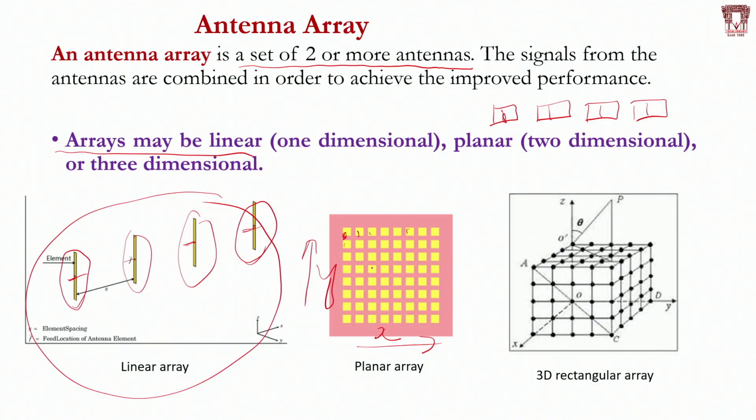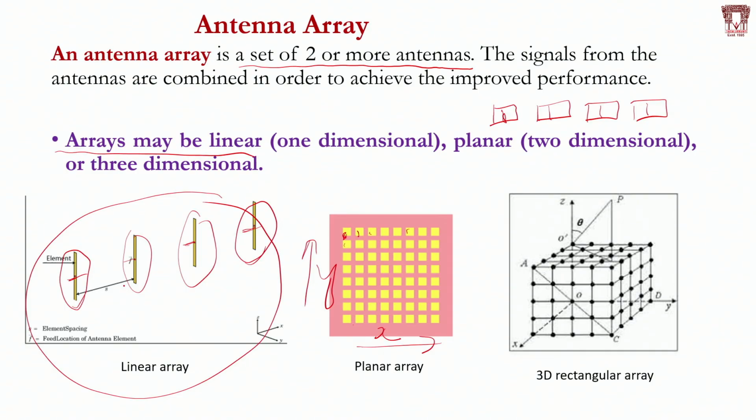Similarly, we can have a square array, a circular array, different shapes of arrays. Then finally we have a three-dimensional array. If we arrange these antenna elements three-dimensionally, like here you can see those circular dots, these are the antennas, it will form a three-dimensional rectangular array.